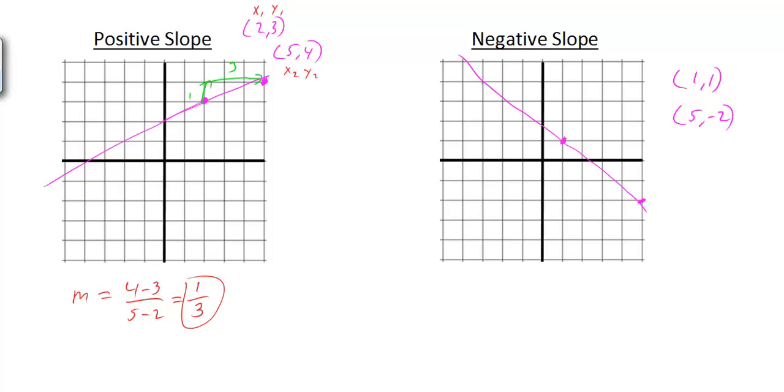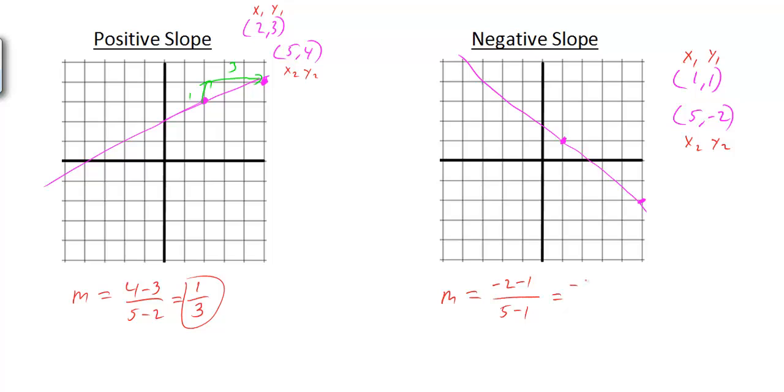And if we want to find the slope, just like we've done before, then if I call this x1, y1, x2, y2, then our slope is going to be the change in the y value, so that's negative 2 minus 1 over 5 minus 1.